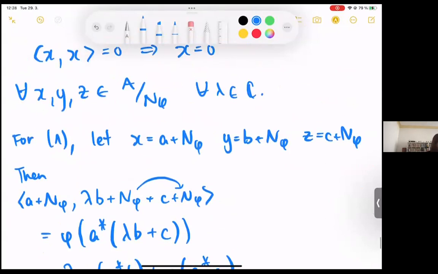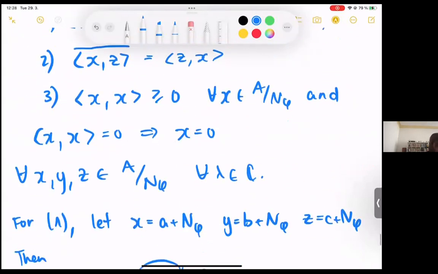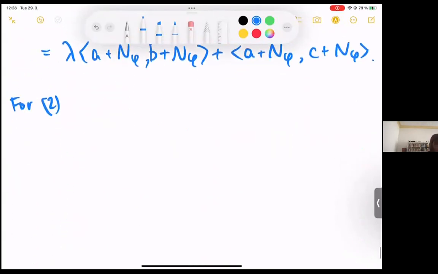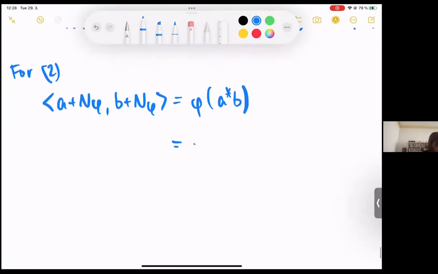Now 2 was showing that if we flip the coordinates, we take the complex conjugate here. So phi of a star b we can rewrite as the conjugate of phi of b star a.